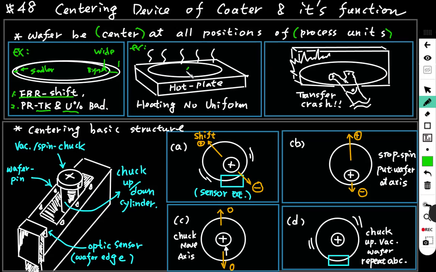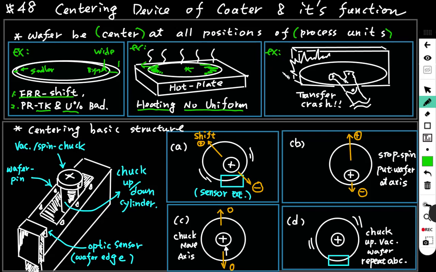If it's not at the central position, the heating process will be non-uniform, maybe shifting this way, and here of the wafer is a little bit cool, here of the wafer is a little bit hotter. So we must keep it in the central position.